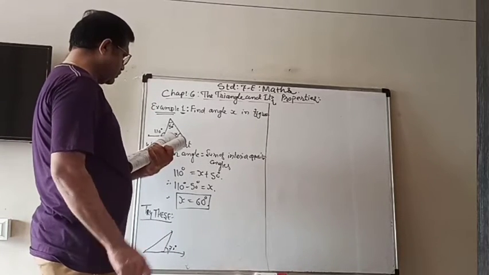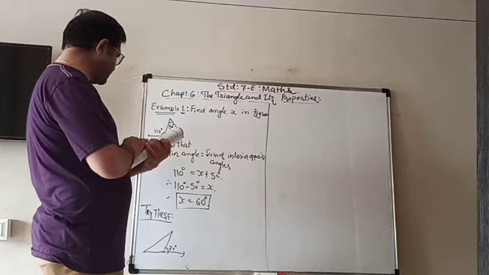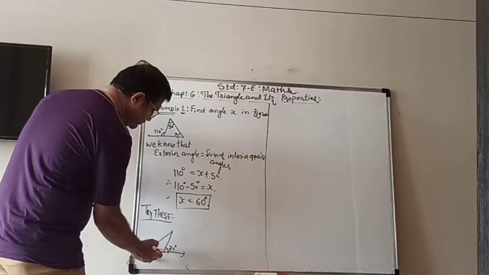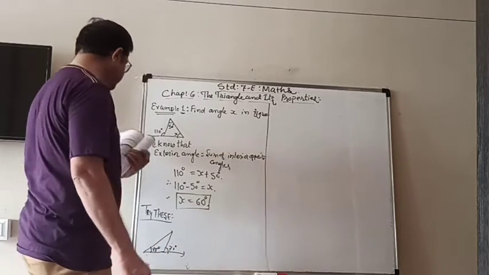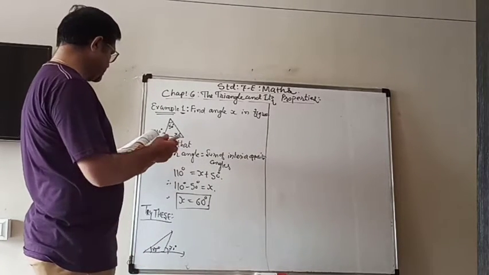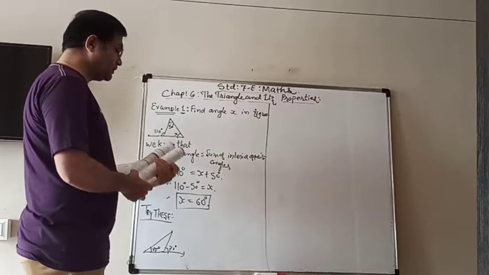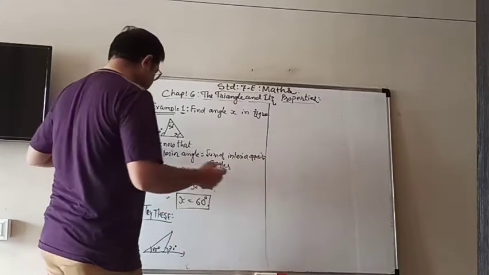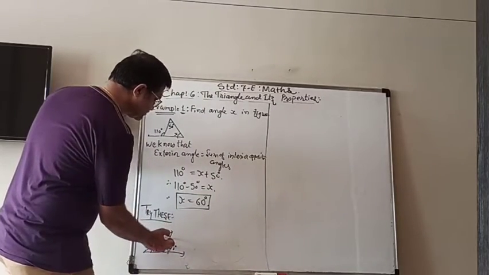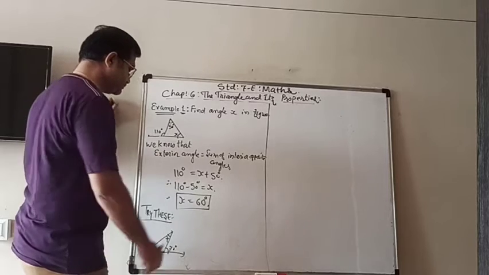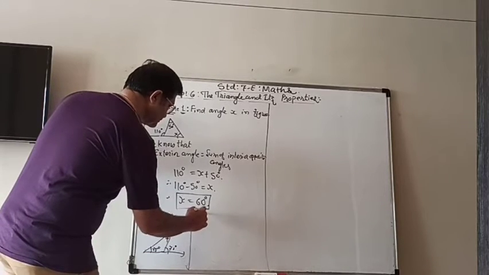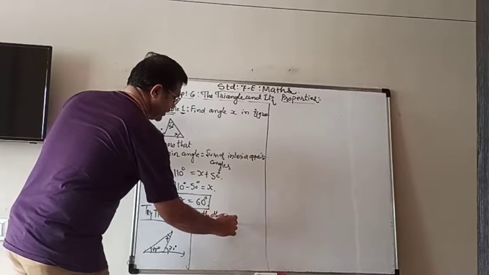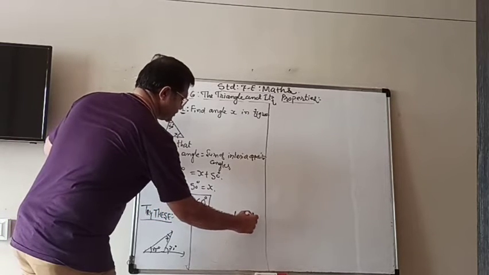Then one of its interior opposite angles is of measure 25 degree. Means any one of them is given as 25 degree, and we have to find the measure of the other interior opposite angle. So we can take this one as x as we did here. So let the other angle be equal to x degree.